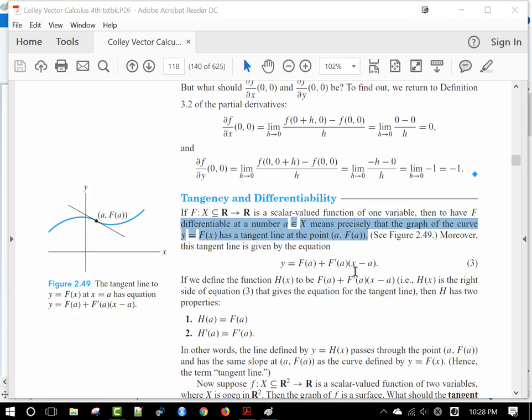So you can see that it contains a and f of a, so it contains information about the point, and it also contains the slope. Now, this seems a little bit weird, what they're going to say next, but we're going to repeat it in a multi-dimensional case.